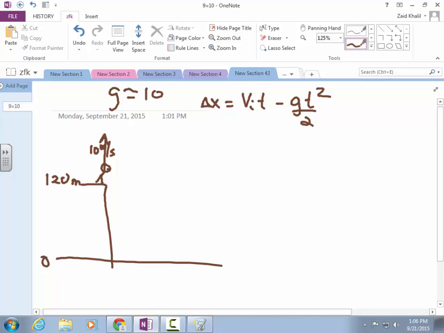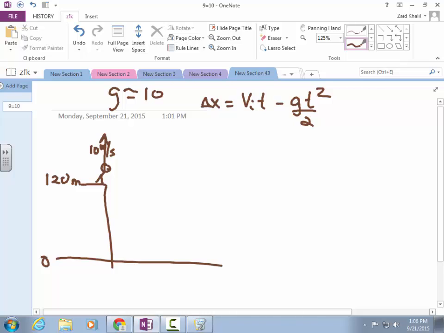You sure? Well, this is when you tell me, Khalil, no, stop this. I can't infer this. I need definitions. What's the definition of displacement? What does delta x mean? Change of position. What does that mean? Change of position means final position minus initial position. What's the final position? 0, right?